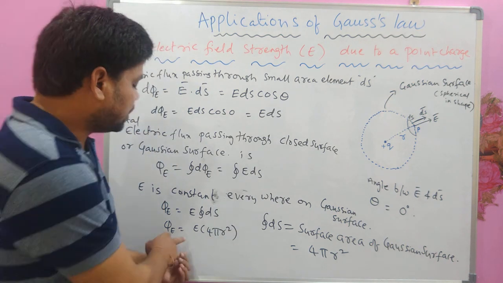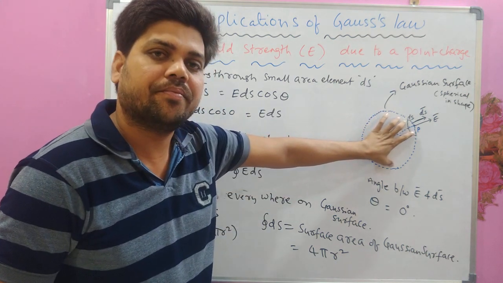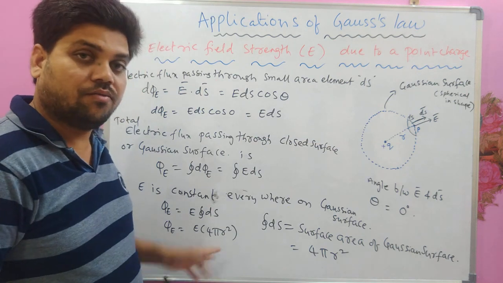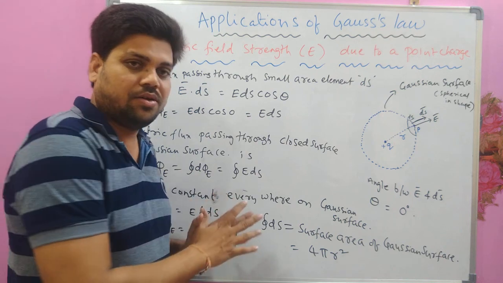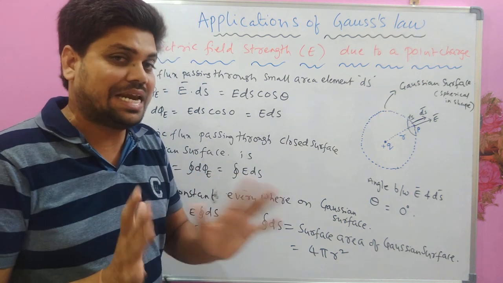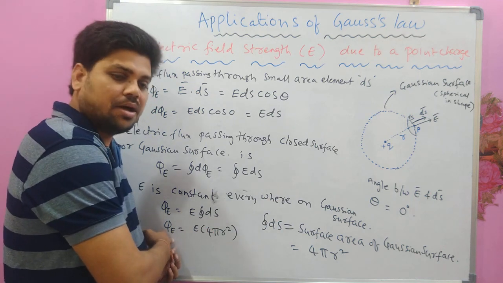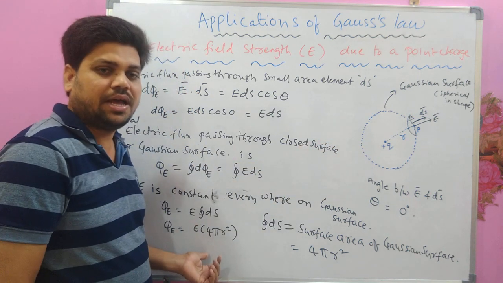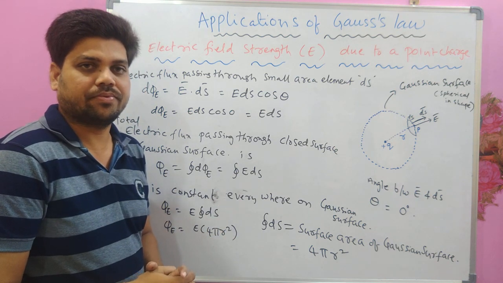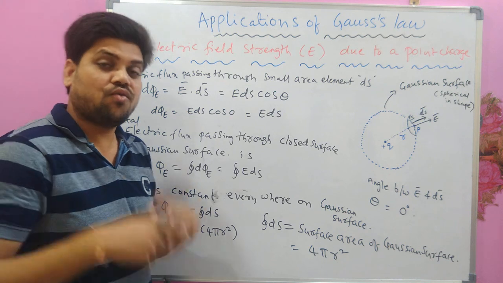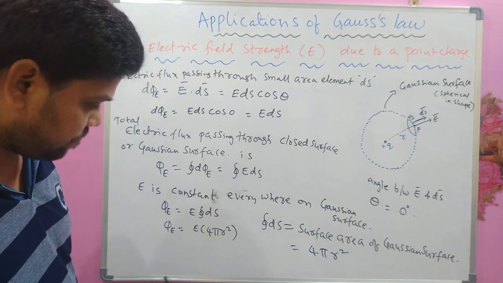This is the total electric flux passing through this Gaussian surface, which we have calculated using a mathematical equation. We have not used Gauss law till now. We have calculated the total electric flux passing through this Gaussian surface as E into 4πr². Now what is Gauss law?